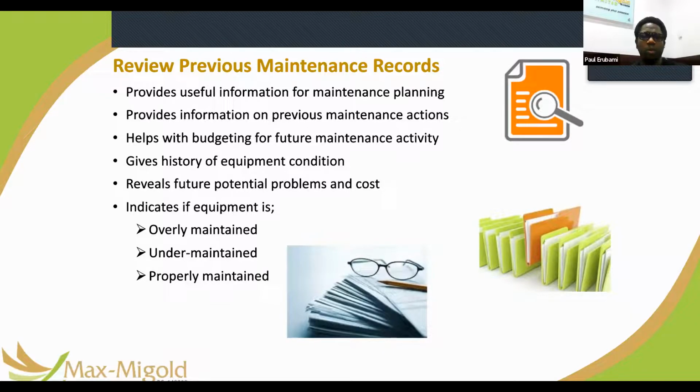I probably will not be able to envisage when major issues can occur. For such an elevator, even if it's working today, I will always have my eyes on it, because for something to have worked for 50 or 60 years, it's obvious that so many things are old within that system, and any major breakdown can occur. So I'll be ready. So I know how future problems can occur and how much.